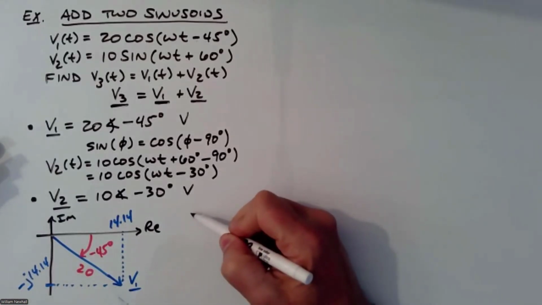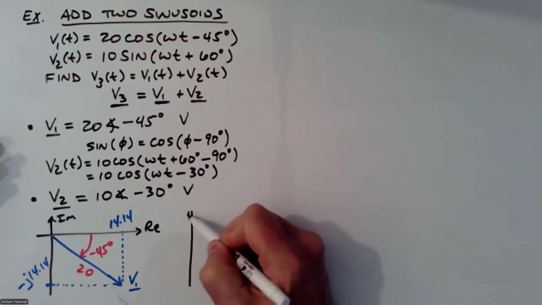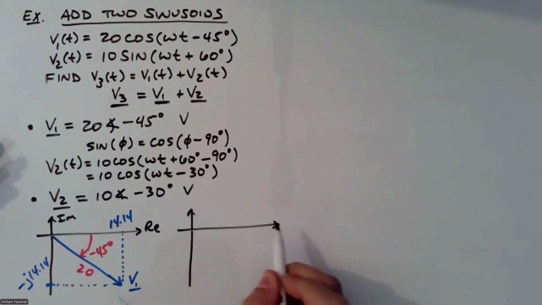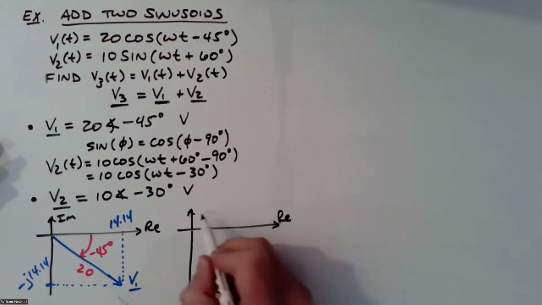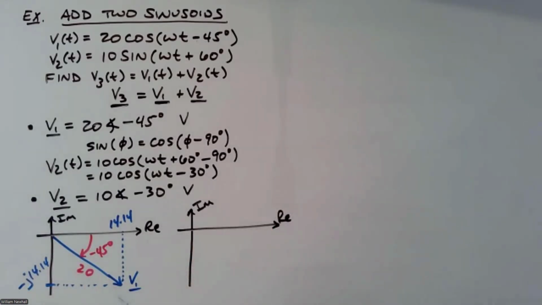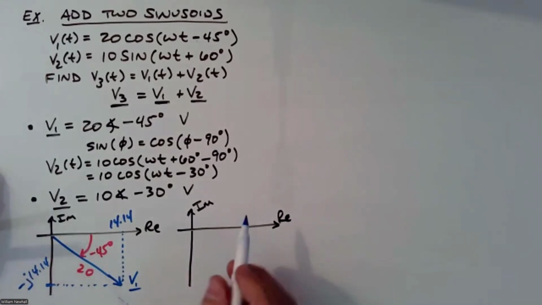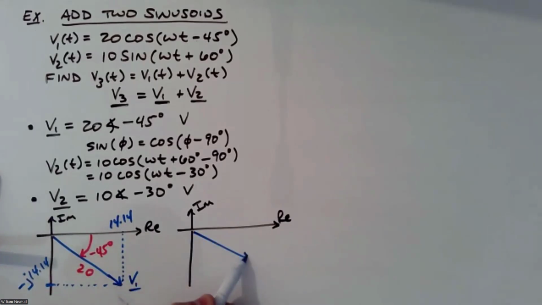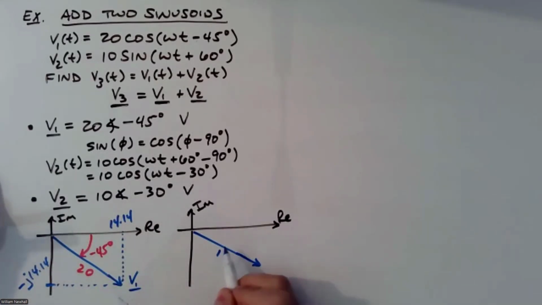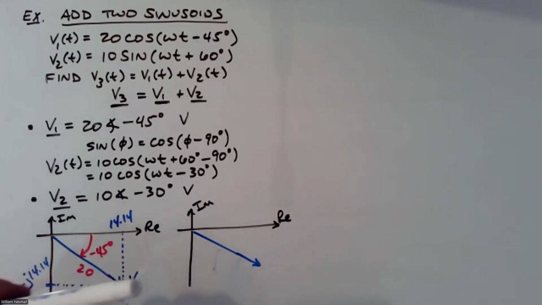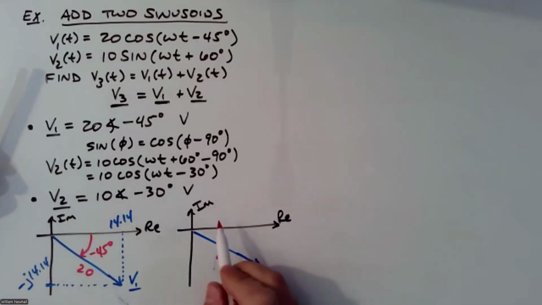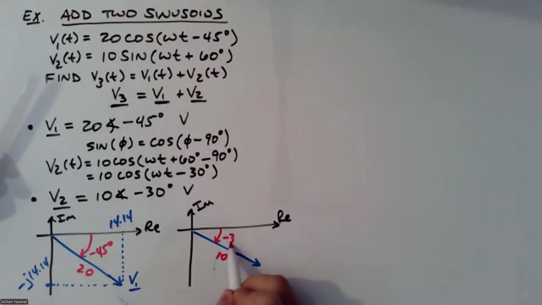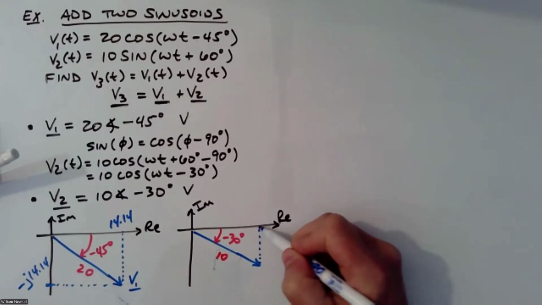And then let's draw V2. This is real, this is imaginary. Just draw it, it's not to scale. Length 10, angle minus 30 degrees. We can figure out the real and imaginary parts, which we'll use later.